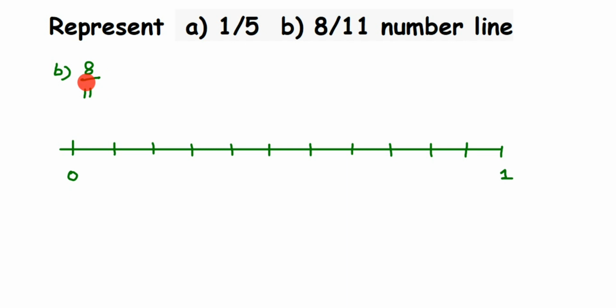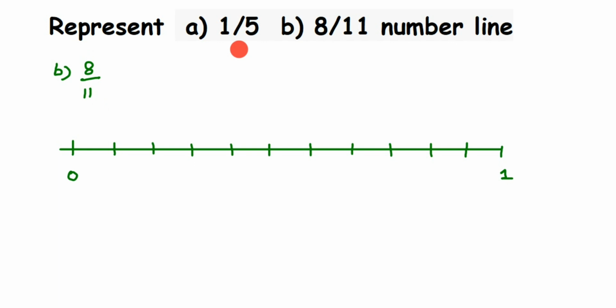So all proper fractions lie between 0 and 1. I hope you know what a proper fraction is. Proper fraction means whenever the numerator is smaller than the denominator, and a proper fraction always lies between 0 to 1. Even 1 by 5 is also a proper fraction, that is why I took directly 0 and 1.